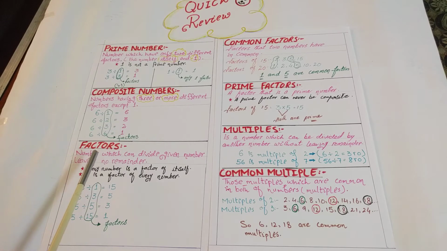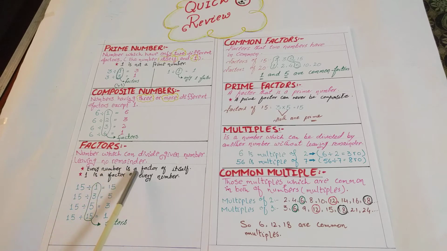Next is factors. Factors are numbers which can divide a given number leaving no remainder. As I told you, a factor is actually a divisor of the given number. The number which can divide the given number completely, leaving no remainder, is called a factor of that number.